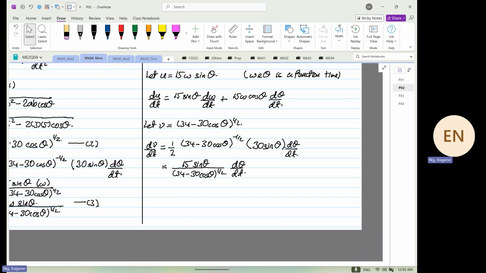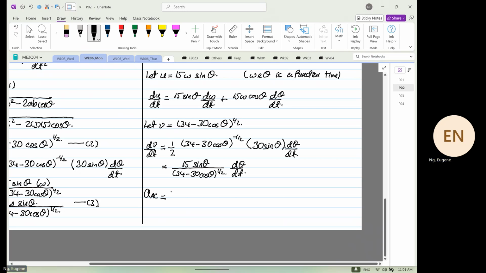So the final answer is acceleration for AC will be equal to, wow, 15 alpha sine theta plus 15 omega squared cos theta, and then the whole thing we divide by 34 minus 30 cos theta power of half, minus 225 omega squared sine squared theta.